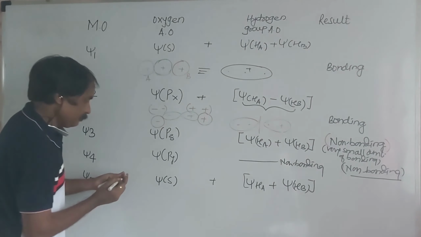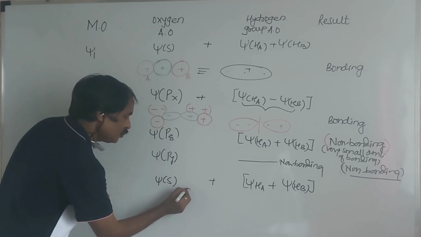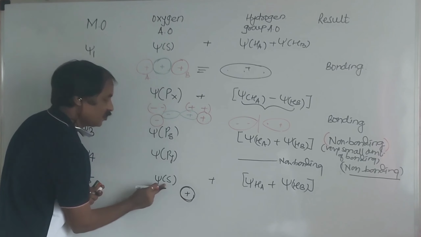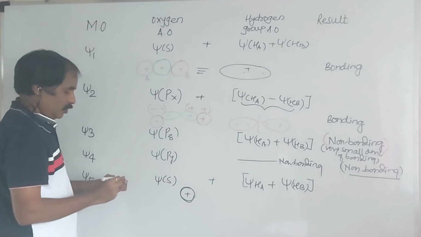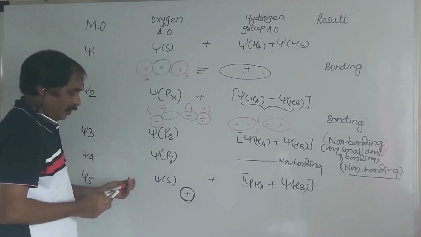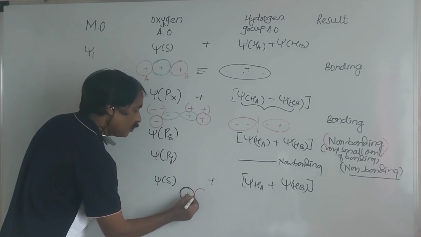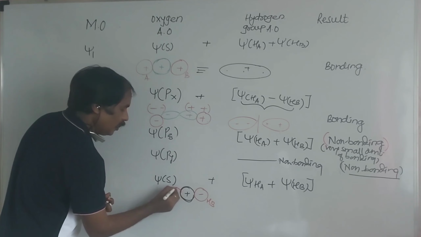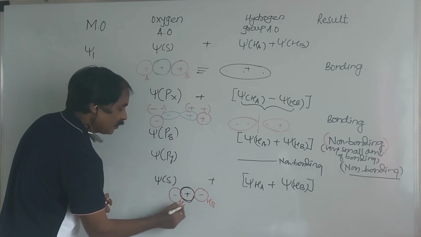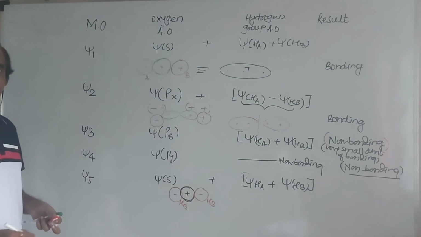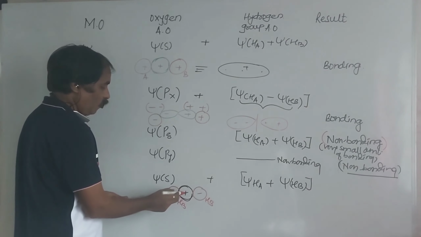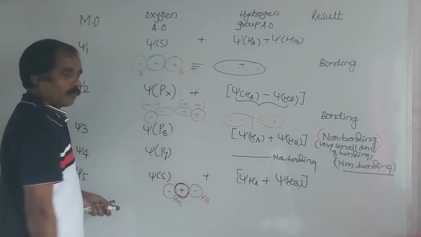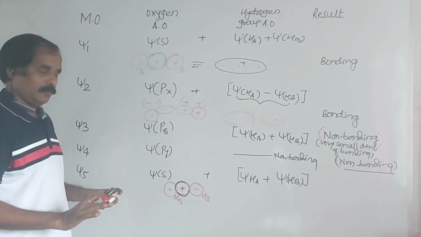But I will show like this. Suppose this is, I will take here the positive wave function of oxygen, S of oxygen, and I will take negative of HB and negative of HB. Now tell me whether addition or subtraction here: negative, positive, negative. Isn't it? Negative, positive, negative. And there is a subtraction.